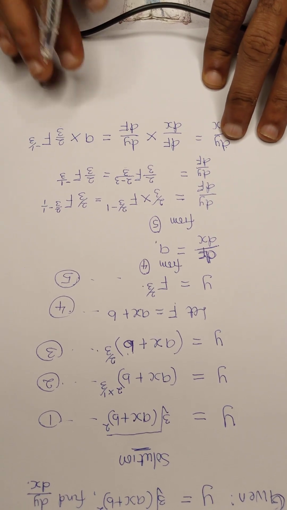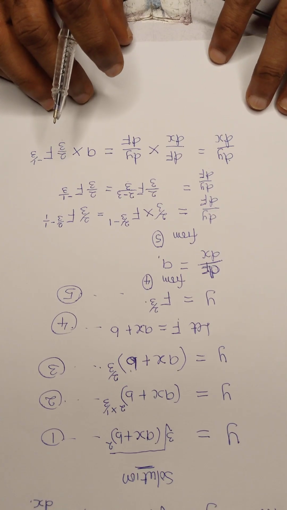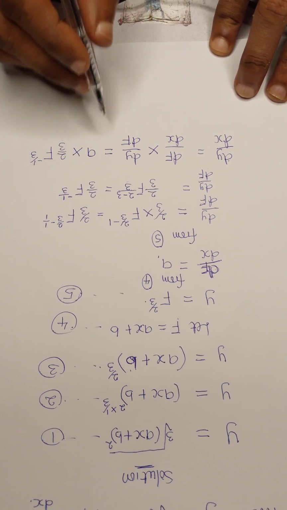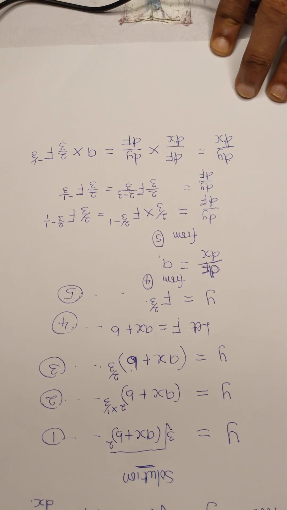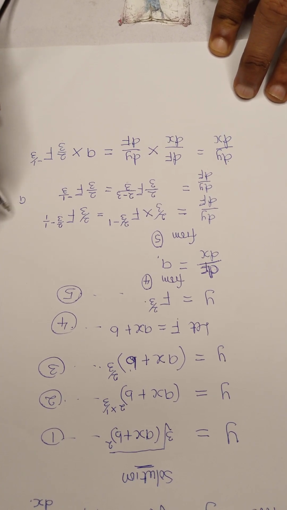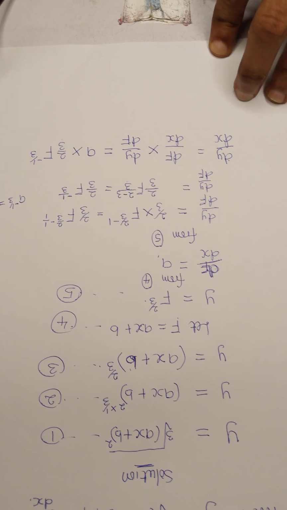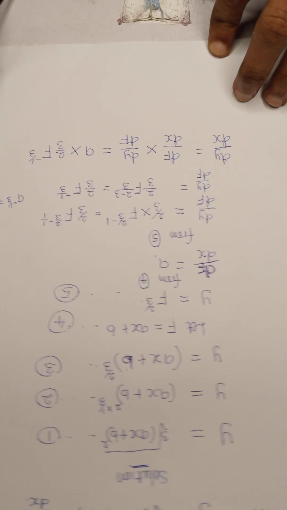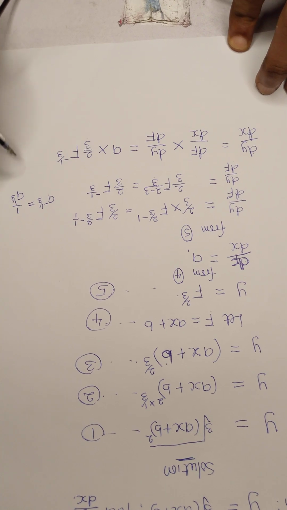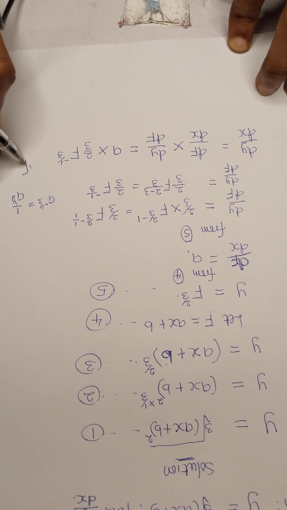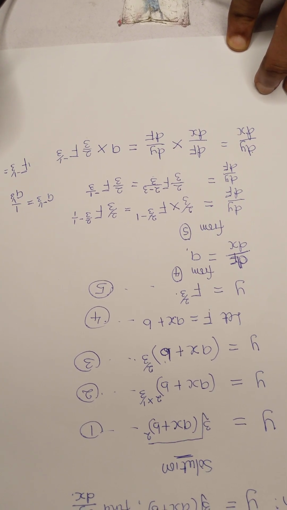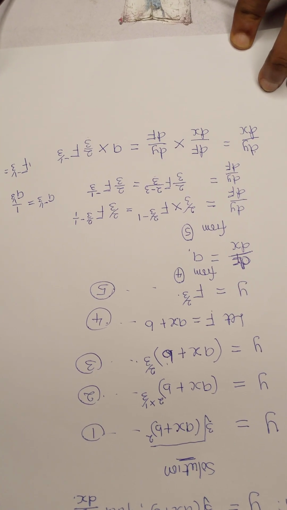Of course, we know from indices that f raised to the power minus 1 over 3 is the same thing as 1 over f raised to the power 1 over 3.